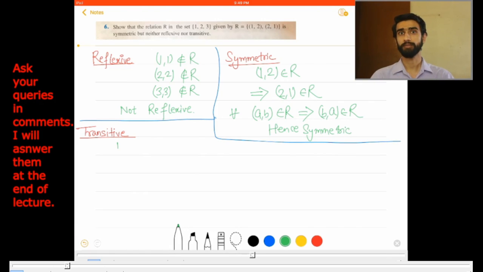Let's suppose you have a chocolate and you give it to your friend. His name is Mohan, let's suppose. My name is Kapil, and Kapil gave one chocolate to Mohan, and Mohan gave that chocolate to Ram. Now the chocolate traveled from Kapil to Mohan and Mohan to Ram.